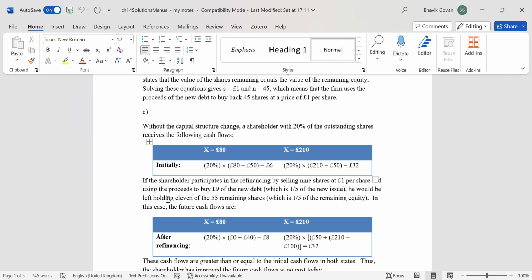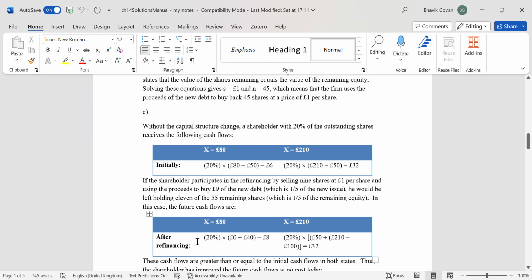We've got our two scenarios where in one scenario you're making £80 and in the other you're making £210. So this is what they would receive: 20% times your £80 minus 50, which is the debt. So this shareholder will get £6. In the other state, they'll get 20% times 210 minus 50, which is £32.